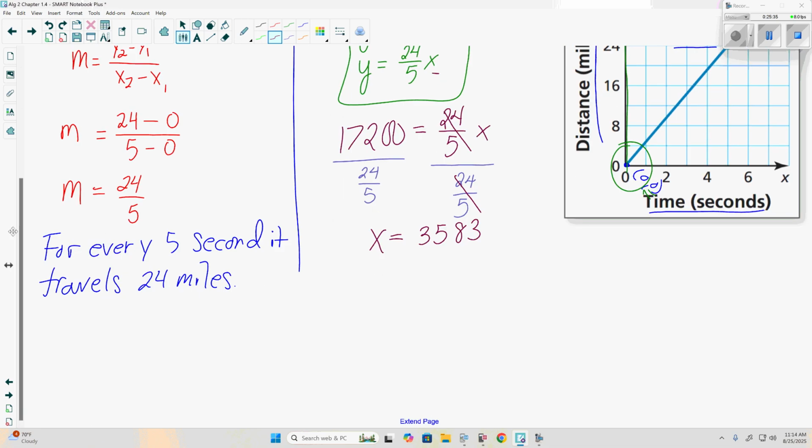About how long does it take? Well, we'll approximate it here at 3,583 seconds. Just in case you're wondering, that is approximately 1 hour. It just asks how long does it take to travel that far, 3,583 seconds.